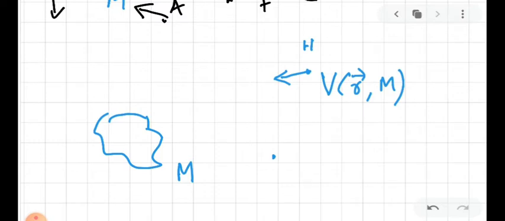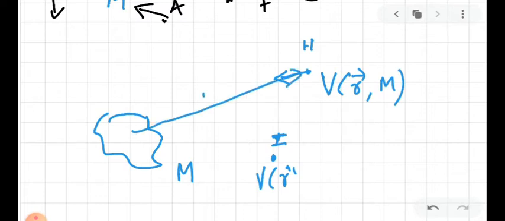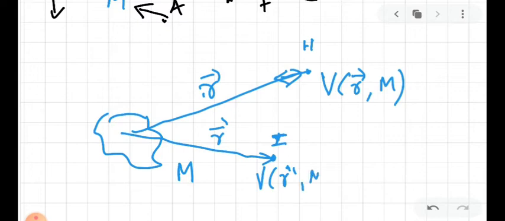And it's not a vector, because at any point you can associate a number. You are going to associate a number here at this point, say H. Let me call this point I. The point I has a different potential value because it's at a different distance, r prime. H was at a distance r, and I was at a distance r prime. You can have a different value.